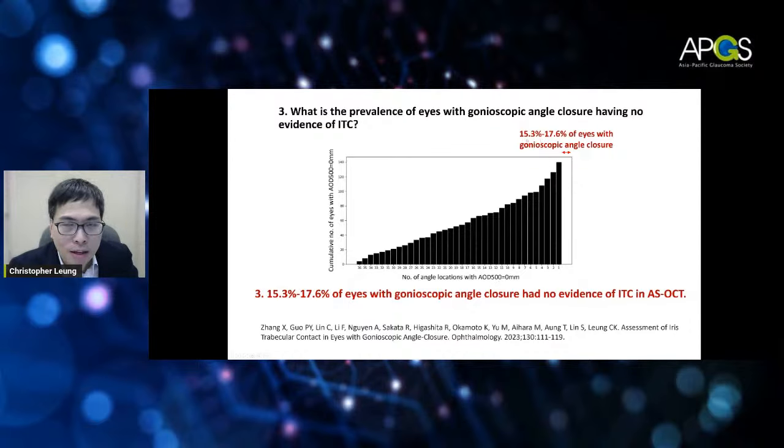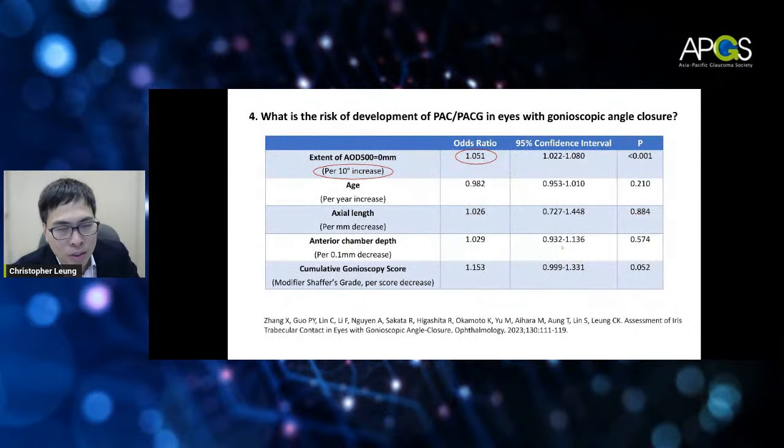About 15 to 70% of eyes actually had no evidence, so all the 36 angle locations we measured had no ITC. Now you can have an idea that for eyes with angle closure defined by gonioscopy, there is a huge variation in the extent of ITC we see with anterior segment OCT.